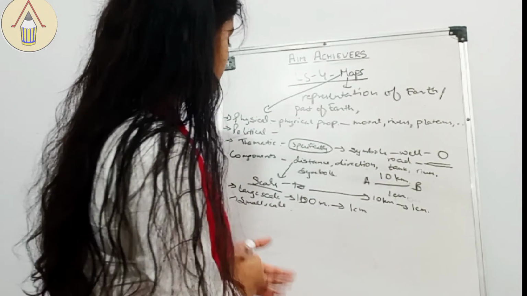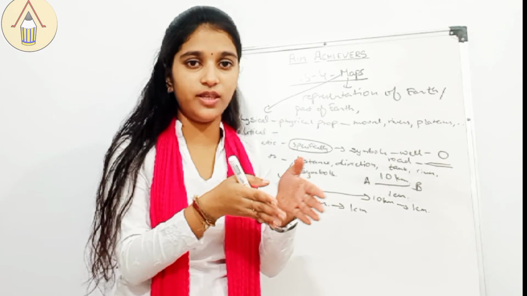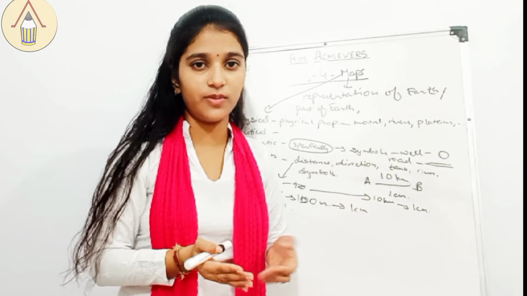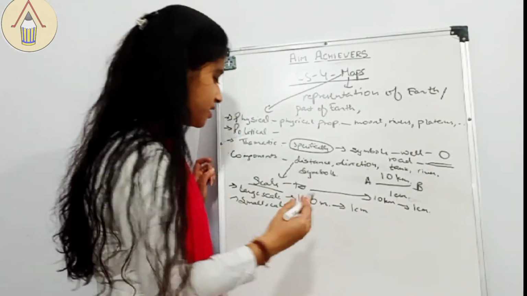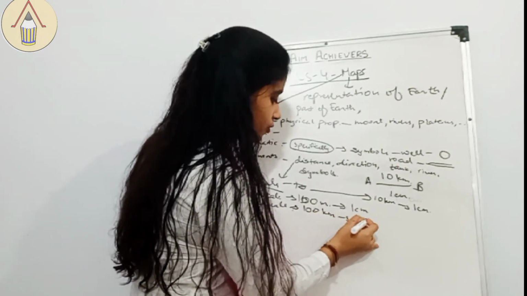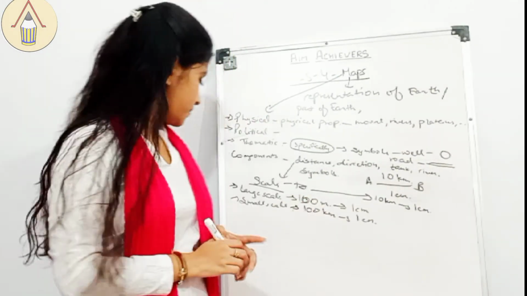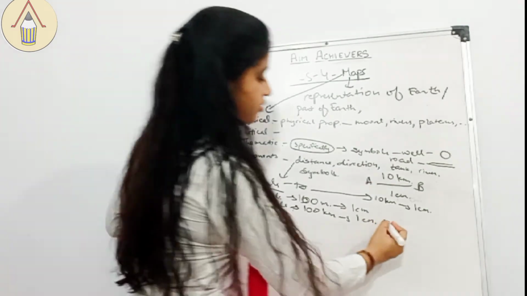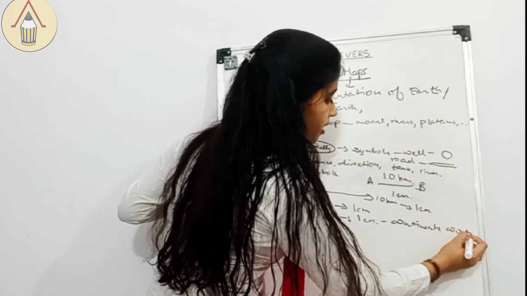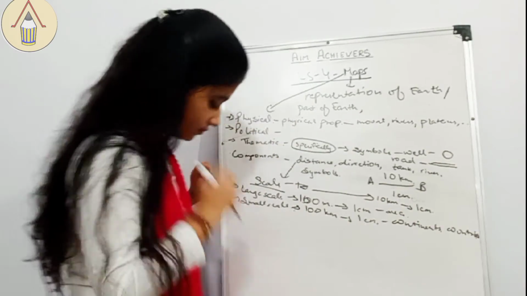When very small distances are taken as 1 centimeter, 2 centimeter, it means we are showing a small area on a map, and it is known as a large scale map. The vice versa is a small scale map, like 100 kilometers equal to 1 centimeter, meaning we are showing a large area on just a small map. So continents and countries are shown on small scale maps, and on large scale maps we can show small areas.